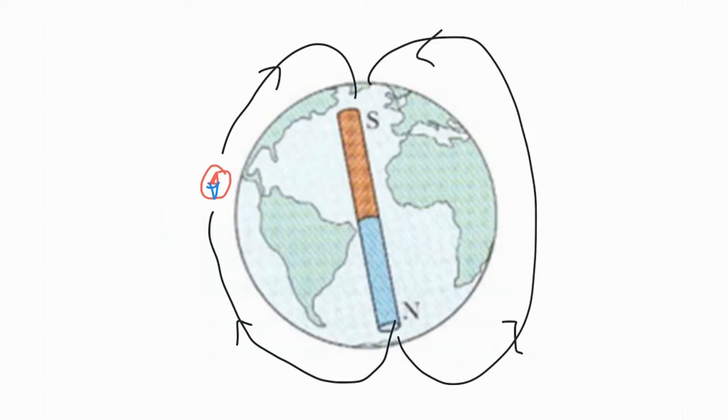So up here in the geographic North Pole is actually the magnetic South Pole. There is a difference between the magnetic poles and the geographic poles. Geographic poles are based off of maps, and the North Pole, where Santa Claus lives, is the geographic North Pole. But using our definition of a compass, the geographic North Pole is actually the magnetic South.